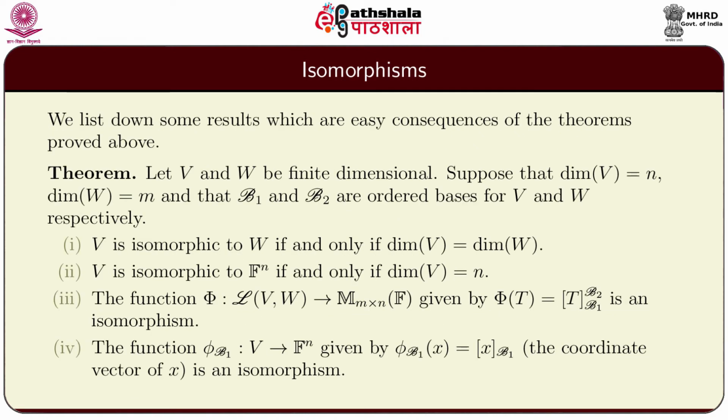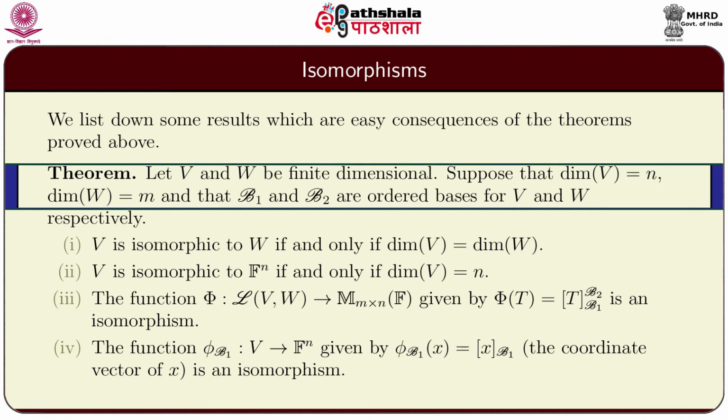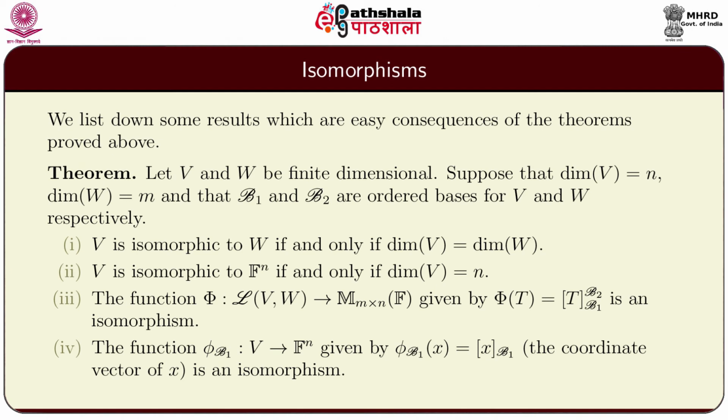Now we list down some results which are easy consequences of the theorems we have proved just now. It says that if V and W are finite dimensional vector spaces, and if the dimension of V is n and the dimension of W is m with ordered bases B1 and B2 for V and W respectively, then: 1.